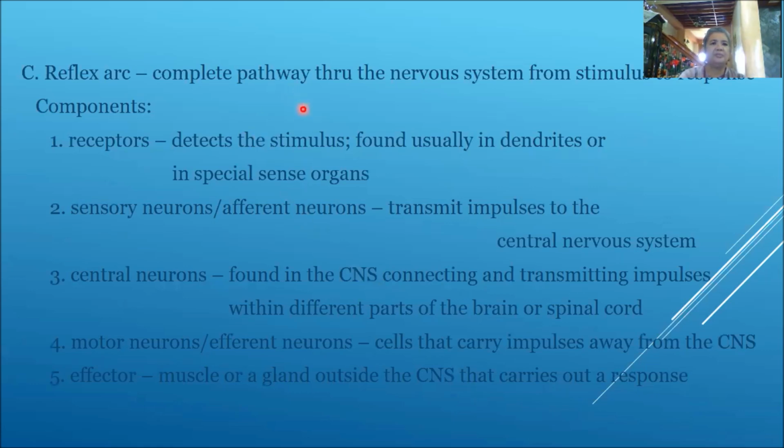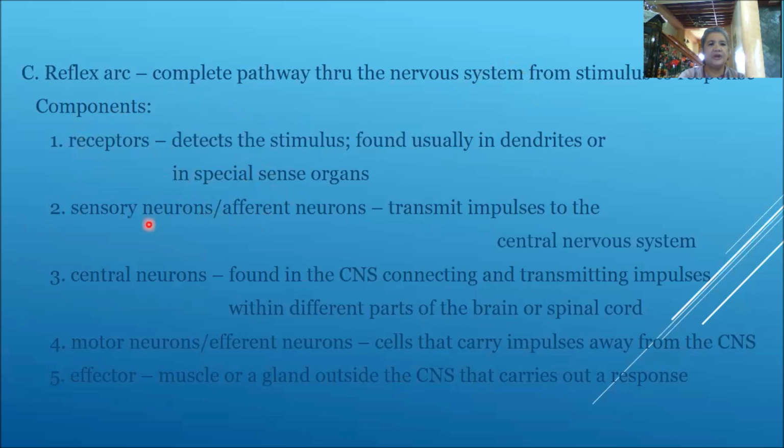Then another action is your reflex arc. This is the complete pathway through the nervous system from stimulus to response. A reflex arc is a pathway that is very fast. It has 5 components. You have receptors, which detect the stimulus, found usually in dendrites or in special organs.